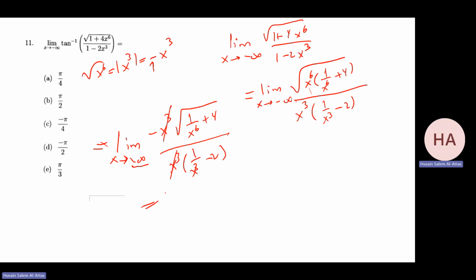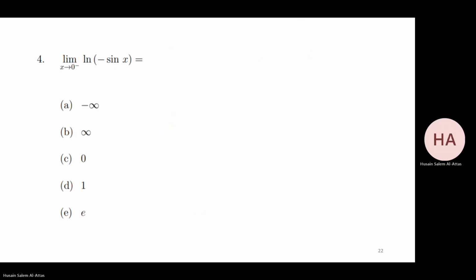These cancel. So limit as x goes to minus infinity of minus 2. That will be what? This is 0. This goes to infinity, minus is the same. That will be minus 2 over minus 2, which is 1. So this limit will be tan inverse. I take the limit inside, tan inverse of 1, which is pi over 4, which is this answer. I need to find this limit.